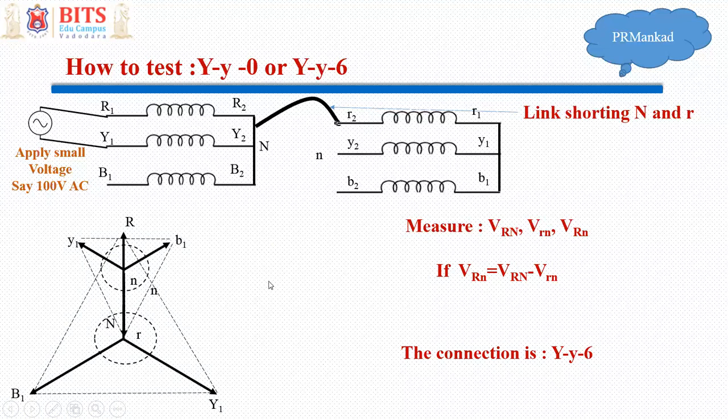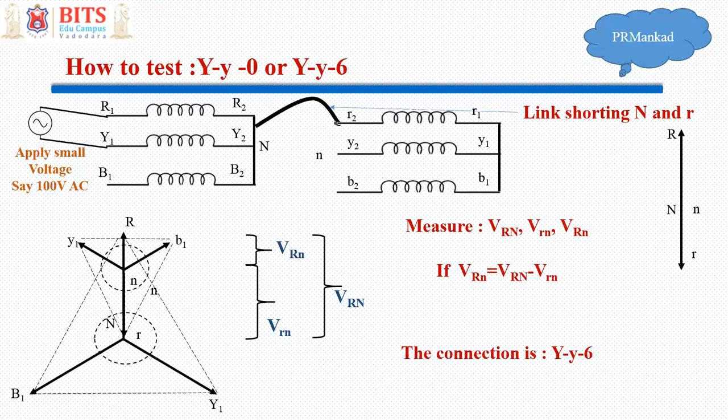So we can very easily see that now this is the phase voltage of primary winding, this is phase voltage of the secondary winding, and the voltage between capital R and small r is a subtraction of these two, which is very easily, you can see they are in one line, so it is going to be arithmetic subtraction. Very easily you can verify using just a multimeter.